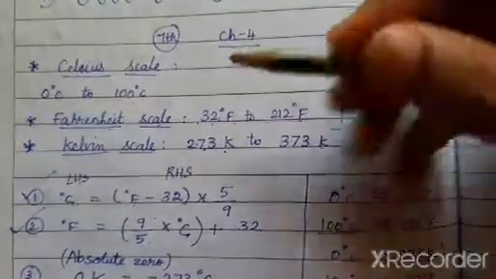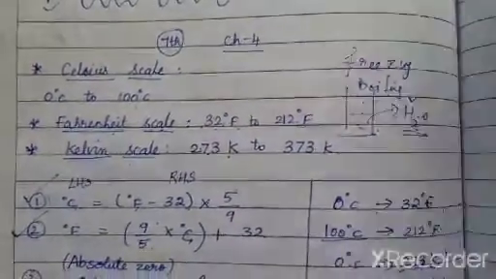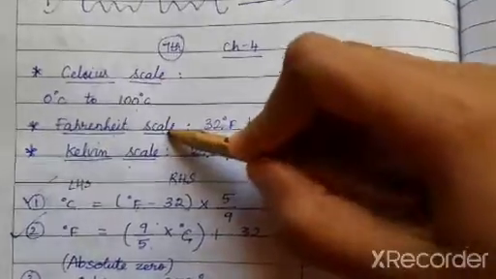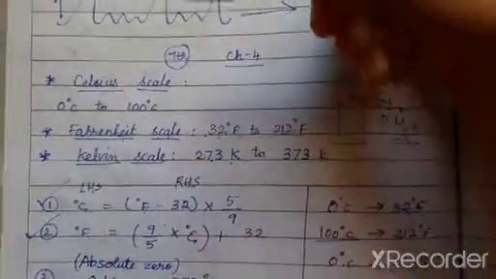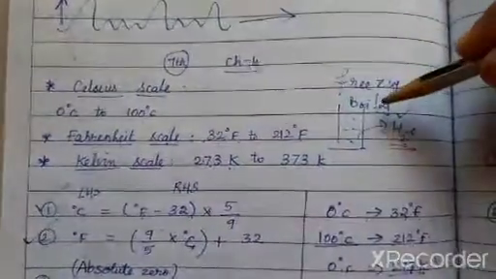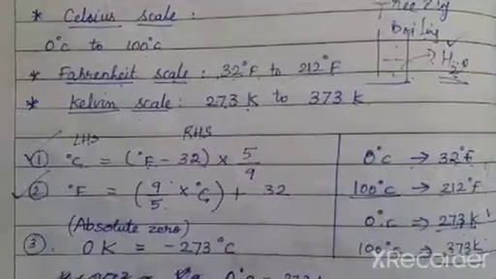In the last class, we saw the range of the three measuring scales of temperature: Celsius scale, Fahrenheit scale, and Kelvin scale. Right? This range is based on the freezing and boiling point of water.